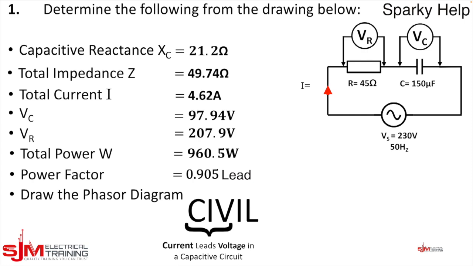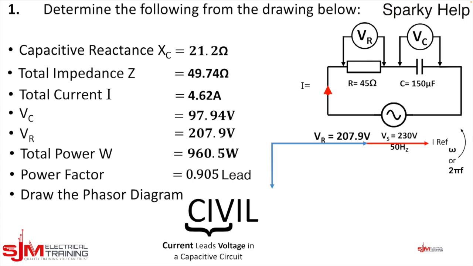So there's our current, because that is common to both components, so we draw it horizontally, left to right. And there we have our I reference, and that is going in an anti-clockwise direction by 2 pi f, so it's radians per second, which is the frequency effectively. There's our VR, there's our VC, out by 90 degrees.